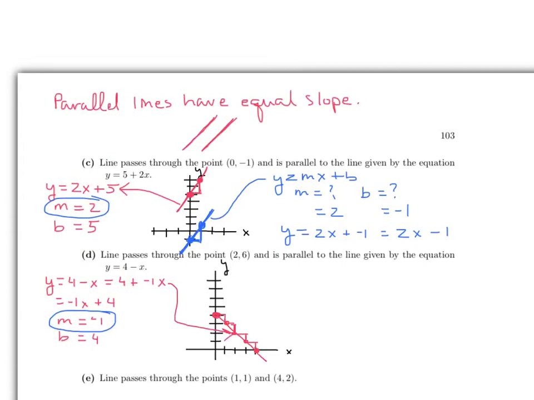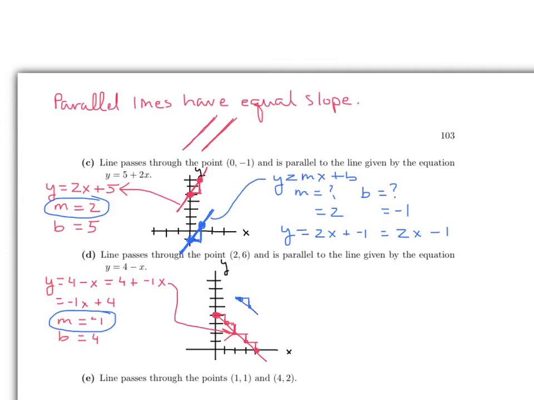So that is that line. The line we are interested in passes through the point (2, 6), which would be right about here, and it's parallel to the red line, meaning it has the same slope, namely -1. So if I went over 1 unit to the right, I would have to drop 1 unit.